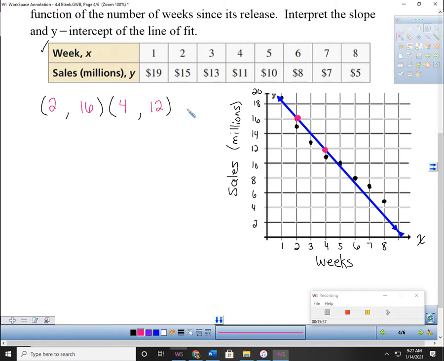Now, all we have to do is write the equation of our line. So the first thing that we're going to find is our slope. So I'm going to take, since 16 is bigger, I'll do that one. 16 minus 12. And then on the bottom, I'll have to do 2 minus 4.